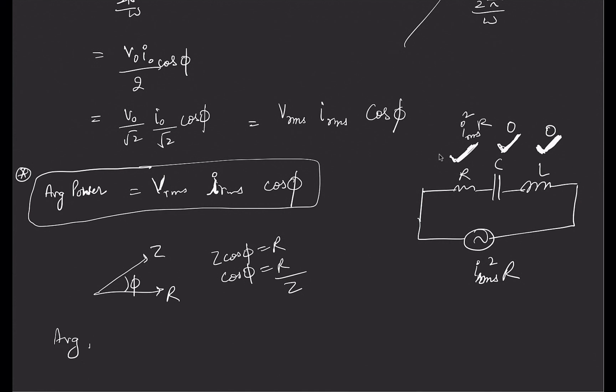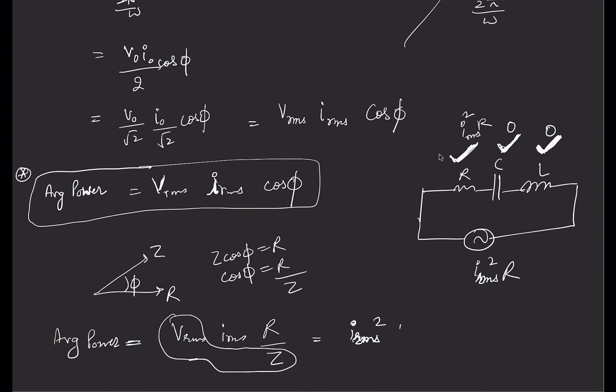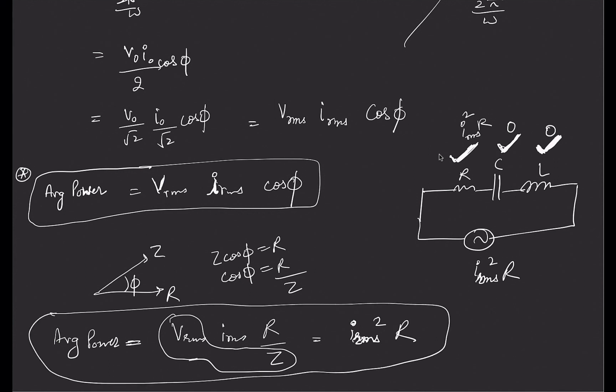So average power is equal to Vrms Irms into R by Z. But we know that Vrms by Z is nothing but Irms. So this becomes Irms square R. Hence average power is Irms square R, or Vrms into Irms into cos phi, and this cos phi is also called as power factor.